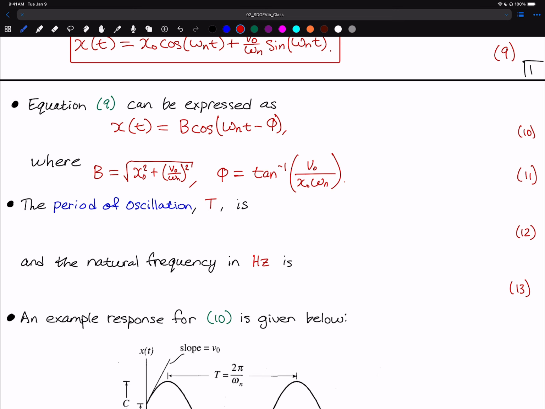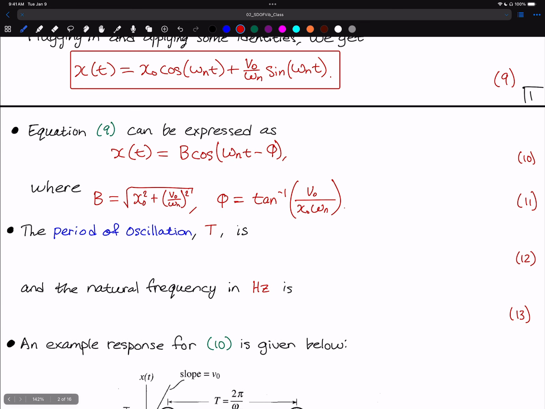And so we can express our solution in terms of sine and cosine, or we can combine it into a single cosine function. You can also do something similar if you want to use sine as well. In that case, you'll get a different expression for the phase angle, but it will ultimately be equivalent to what we just wrote down in equation 10.